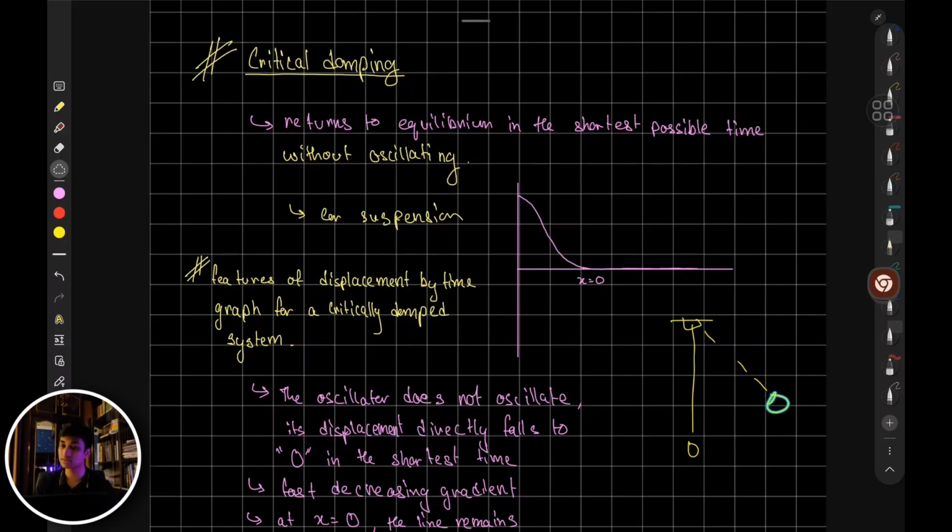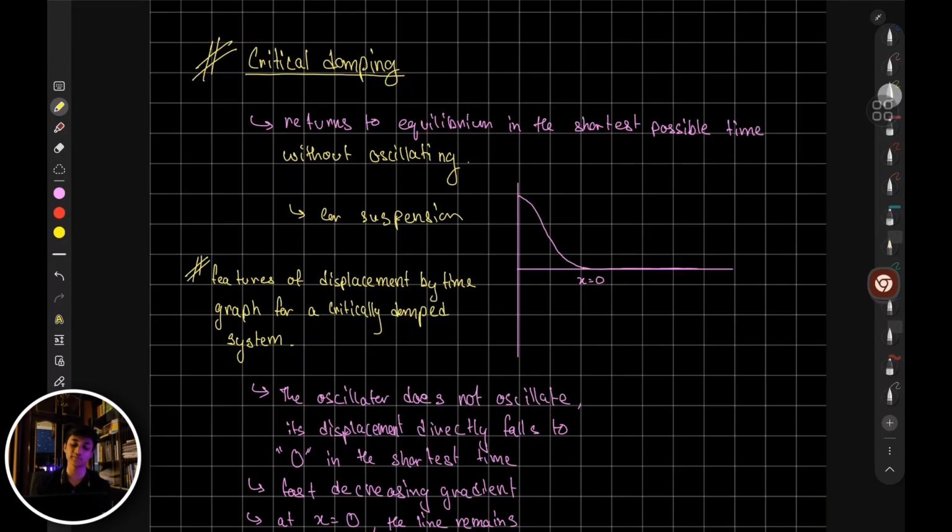From this maximum displacement, it's directly going to come back to equilibrium. And the other feature of critical damping is it's going to do that in the shortest amount of time, which is why you're going to notice a very steep decrease. So it returns to the equilibrium in the shortest possible time without oscillating.